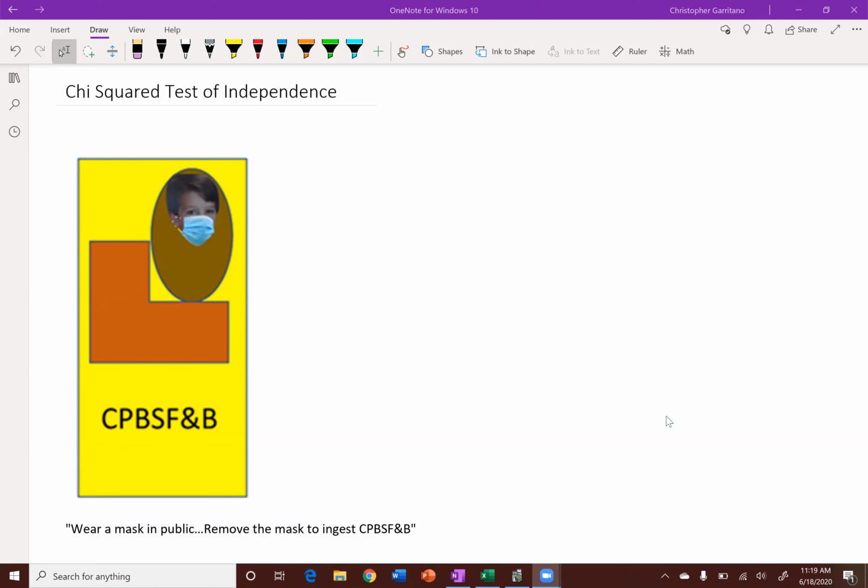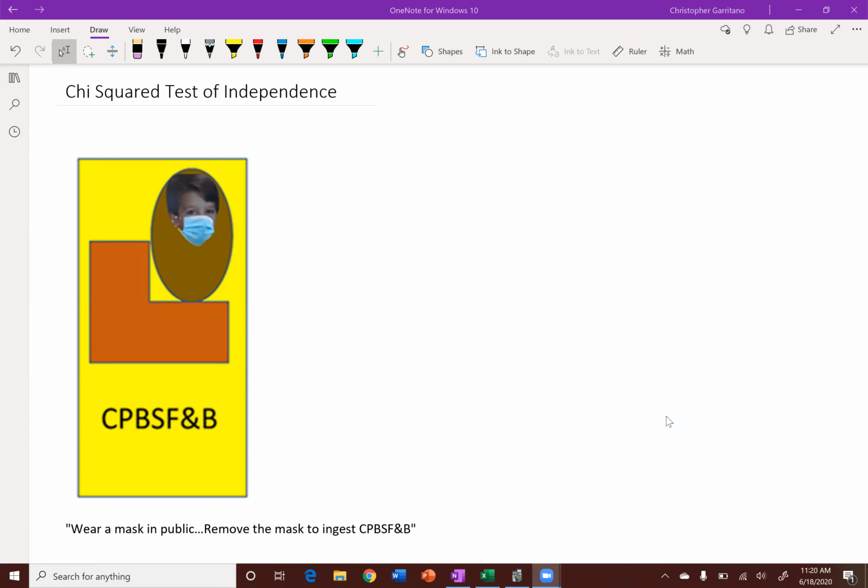Today we're going to discuss the chi-squared test of independence. And if you watched my video on the chi-squared test of homogeneity, I said several times that test is very similar to this test. In fact, the mechanics are identical. It's just a matter of really what question is being asked and how the sample is being collected.